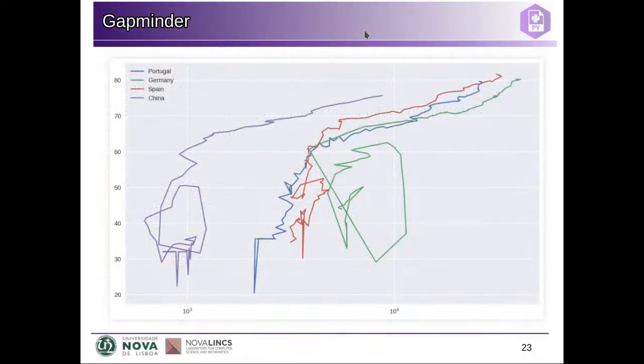The idea is to be able to do something like this, where we can compare, for example, life expectancy of different countries as a function of the logarithm of GDP. So this is the logarithm of per capita GDP, this is life expectancy, and we can see how the countries evolved over the years, the different countries, using these indicators.